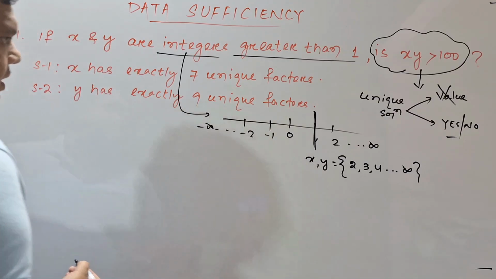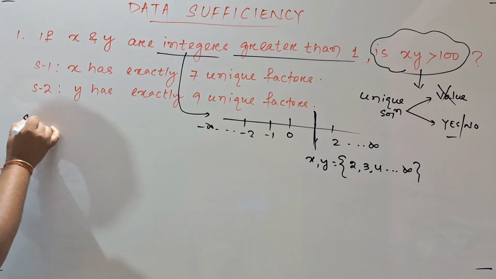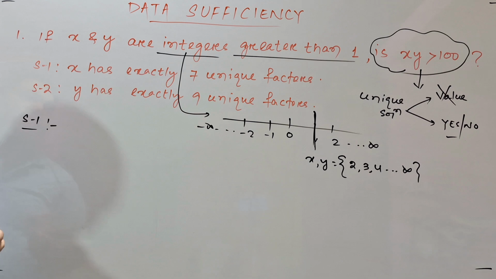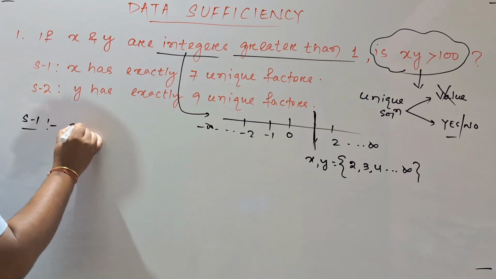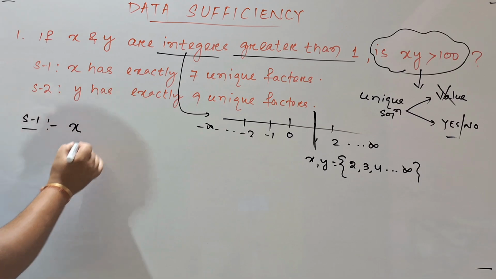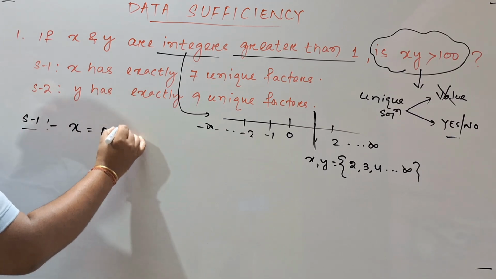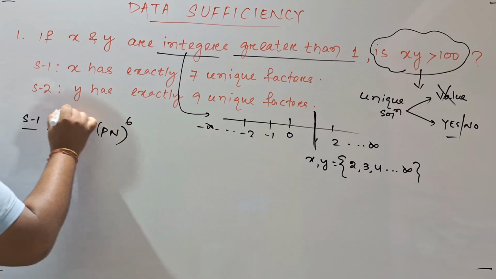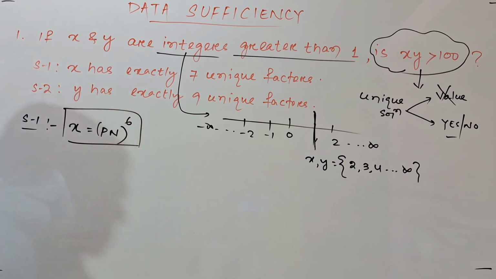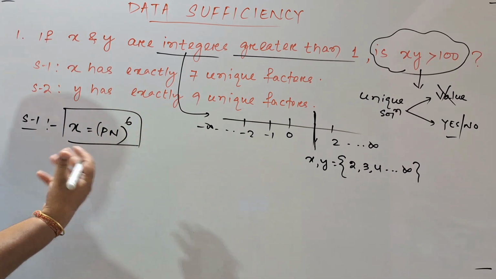Now statement number 1. In statement 1 it is given x has 7 unique factors. First of all, find this x. x has 7 factors means if I write any prime number to the power 6, can I write x is equal to this? Any prime number to the power 6. You know how to find the number of factors?